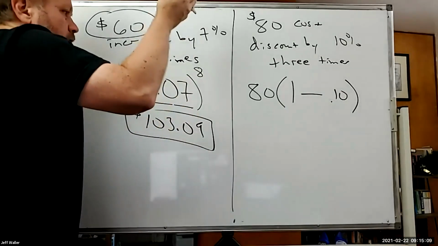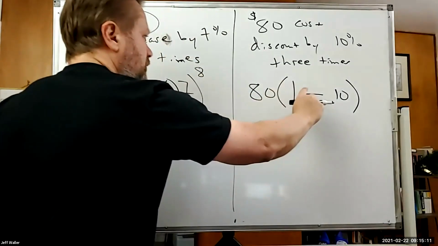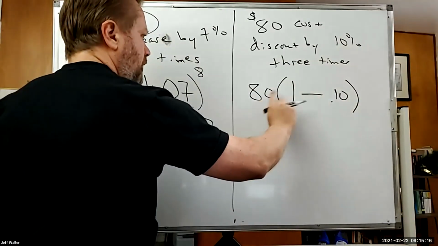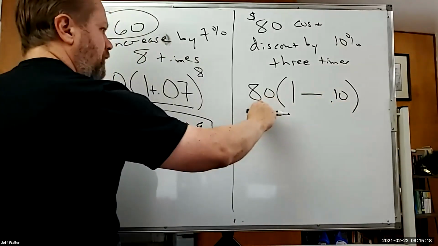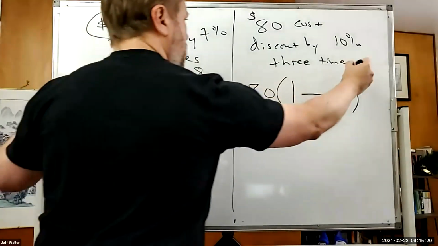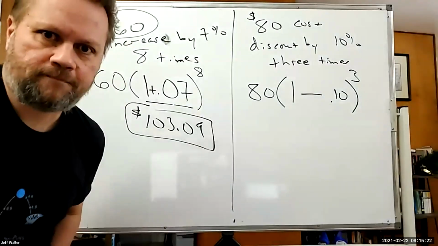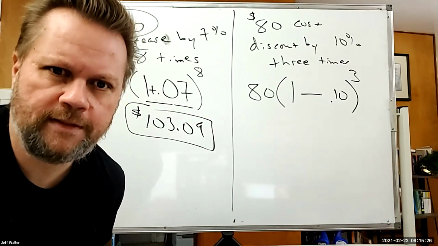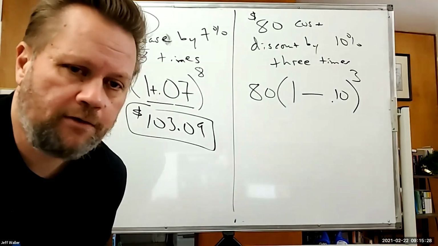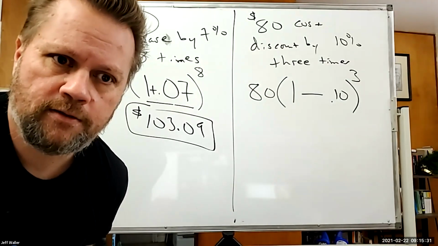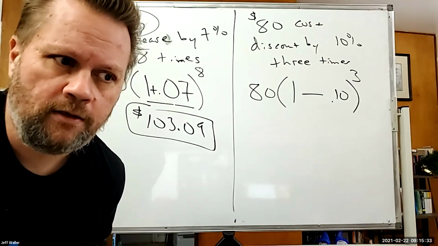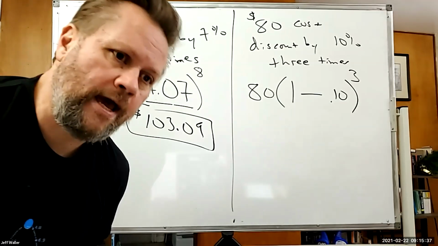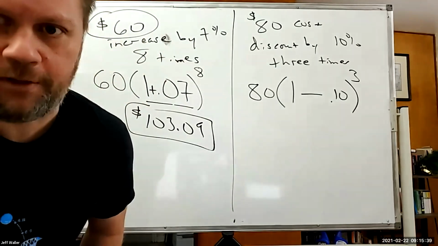To decrease, it's 1 minus the percent. So I take a whole 80 and I subtract 10% of it. And how many times do I do that? 3 times. Do you guys see? So it can handle increase, decrease. Of course it can, because they both basically are the same work. Just one I'm adding something over and over, and the other one subtracting something over and over.